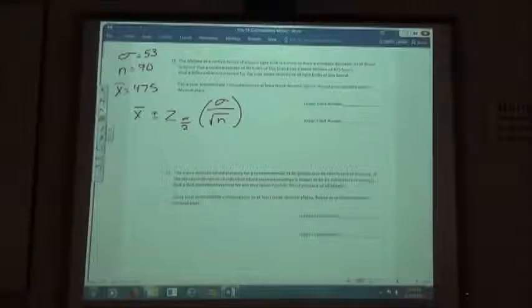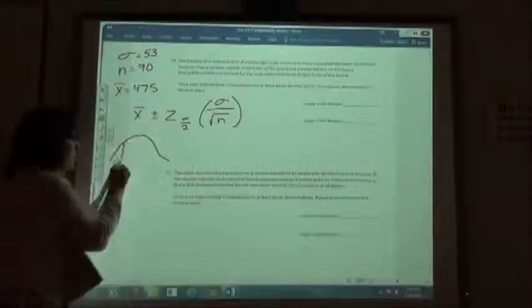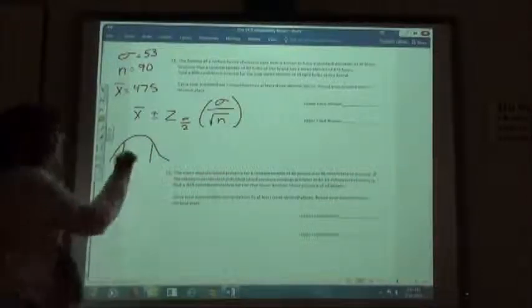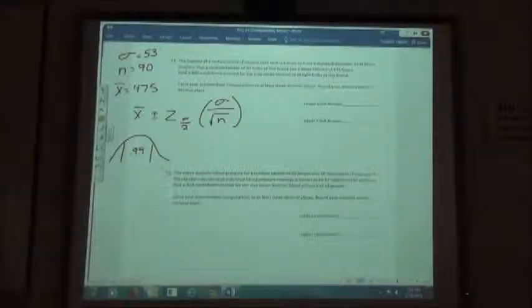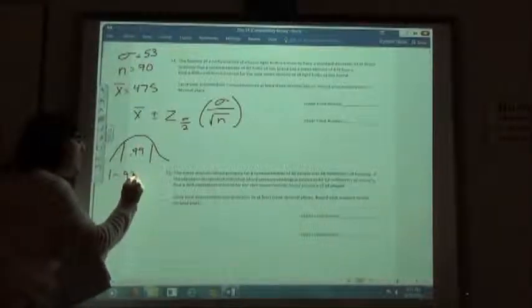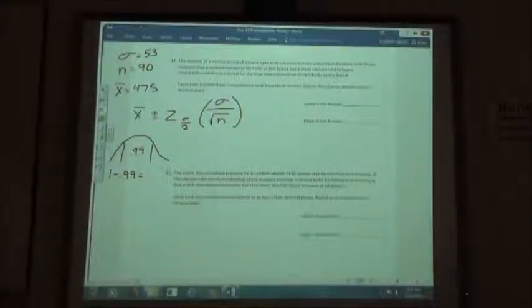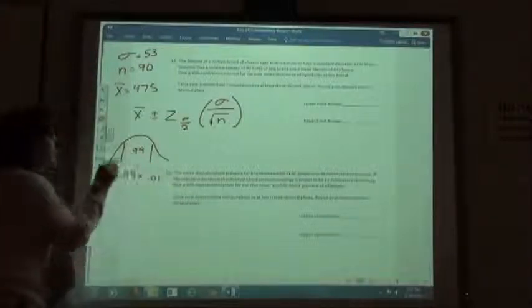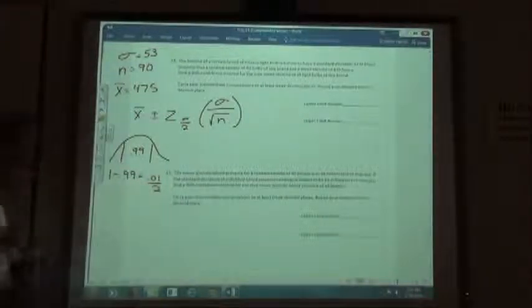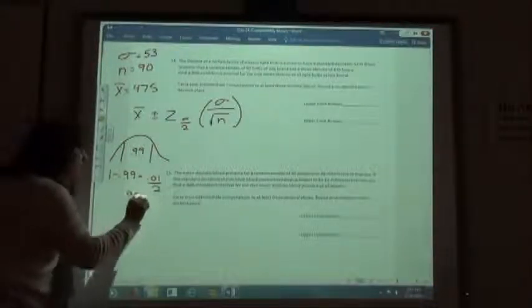This time we're going to do a 99% confidence interval. So, 99% is going to be in the middle of our table. We have to find the end, and so we said we were going to take 1 minus the 0.99 first, which gives you 0.01. Because there are 2 sections, we're going to divide it by 2, and so we would get 0.005.